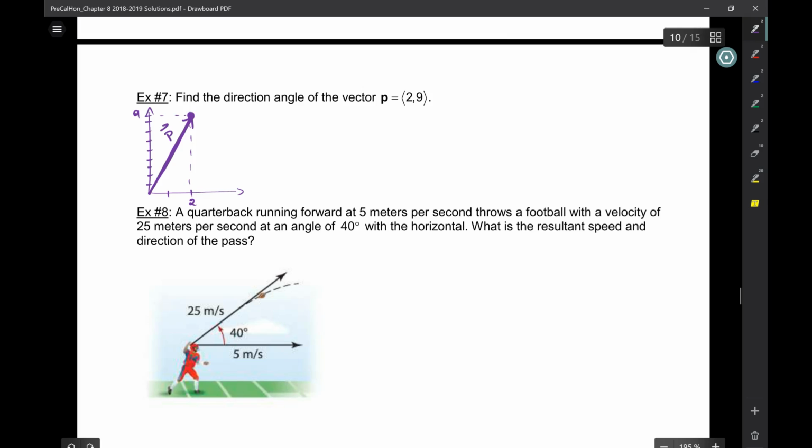Now, to find the direction angle, this actually requires not a lot of pre-calc. It's just algebra and geometry. I can write this as a right triangle, and this is a length of 2, and that's a length of 9. And if I want the angle here, how would I find it? Tangent, good. So tangent of theta is equal to 9 over 2.